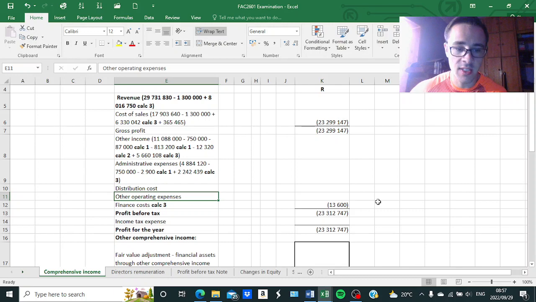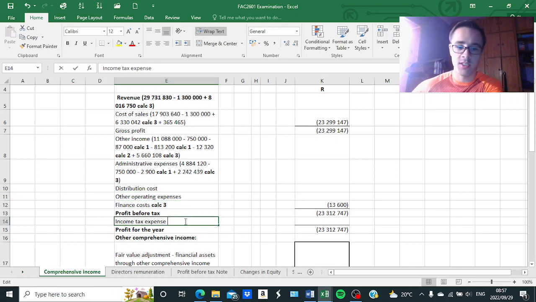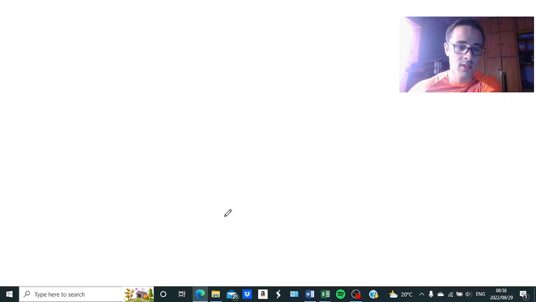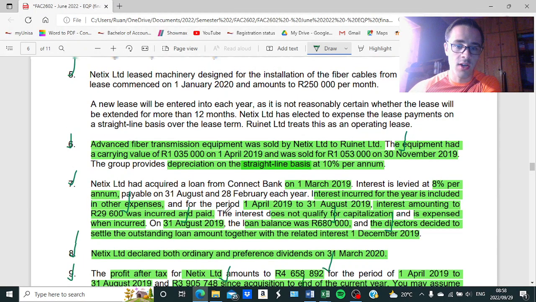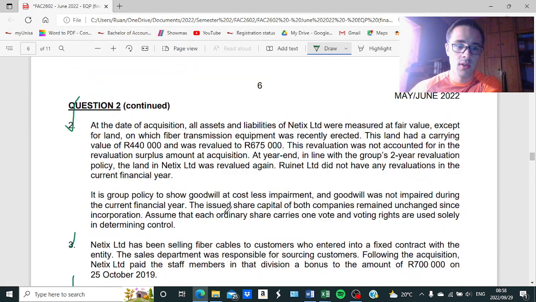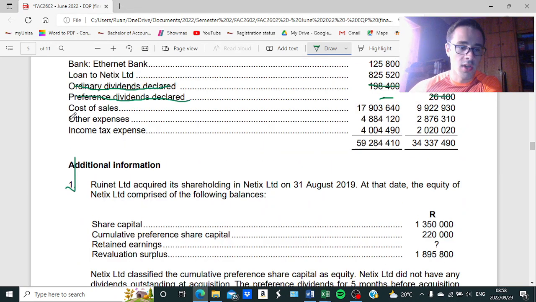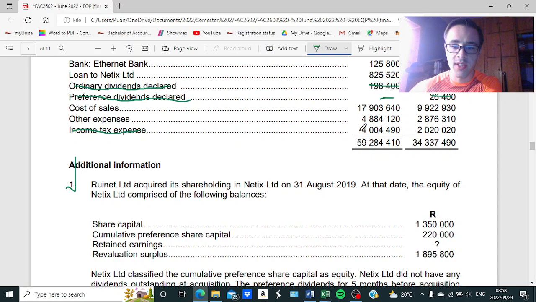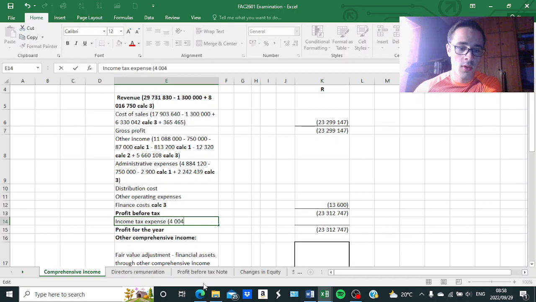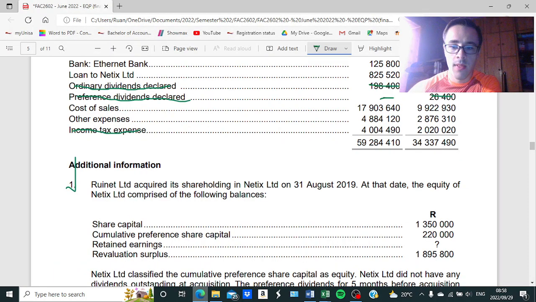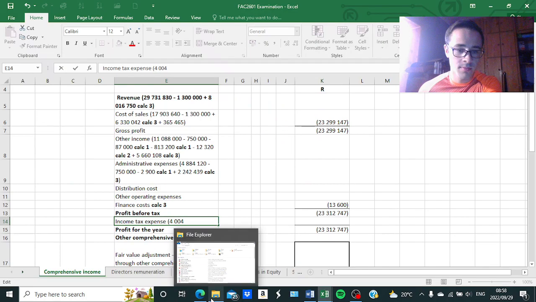We have shown finance costs for the group, and then your income tax expense for the group would be that of the parent, which is, let me go back to my trial balance. So your income tax expense for the parent is 4,004,490.